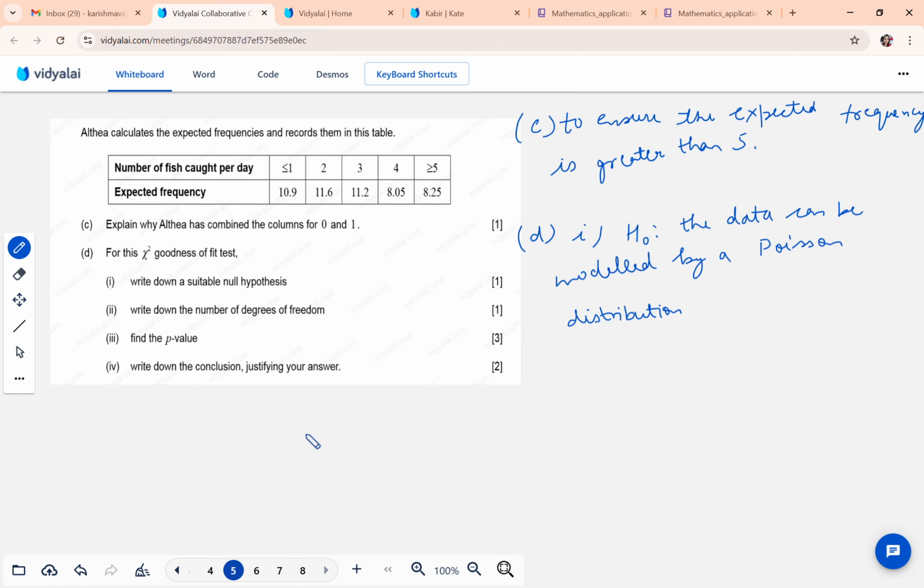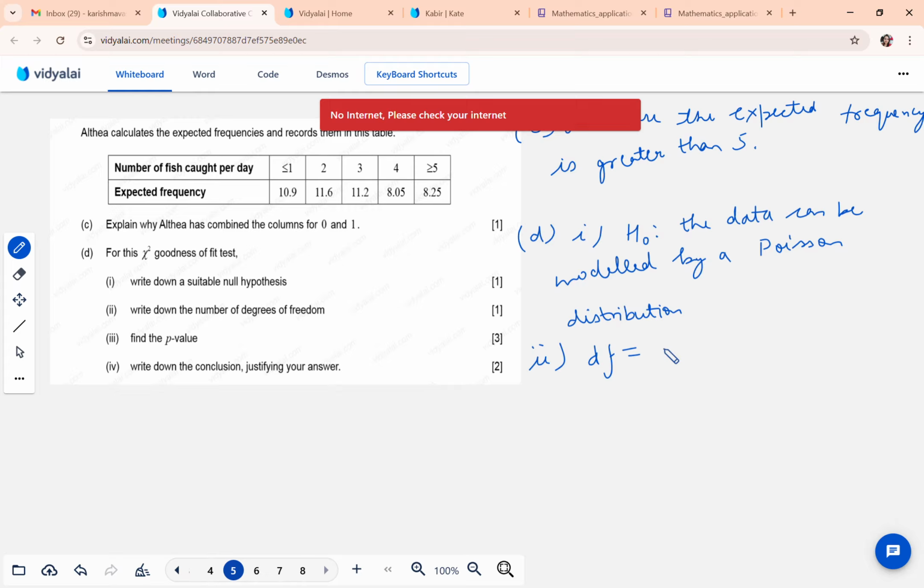Okay. Now second part, they are saying write down the number of degrees of freedom. So we have a formula for finding the degrees of freedom. So I am writing here df, degrees of freedom, equals number of categories minus number of estimated parameters minus 1.